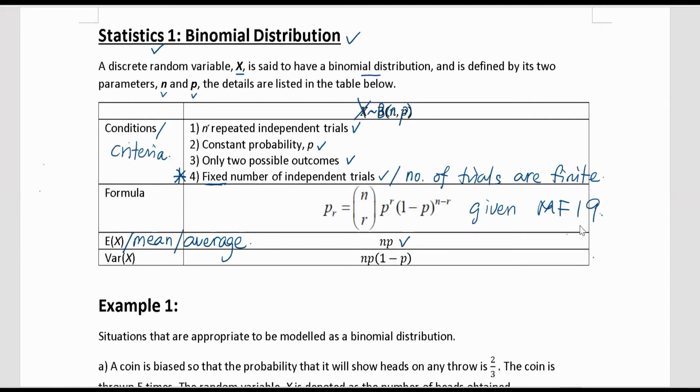As well as the variance, the formula is np times 1 minus p. And these are also given in the formula list MF19.